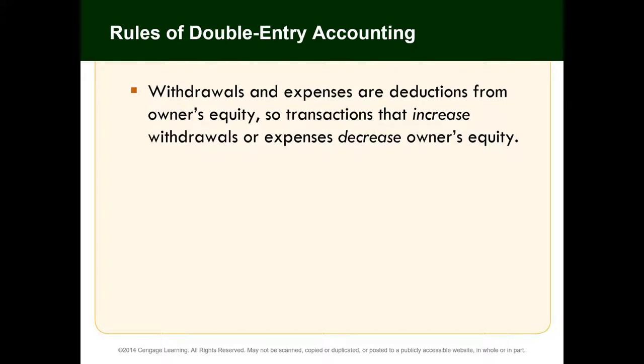Remember what the double entry says? Every transaction has two sides: at least one debit, and then one credit, or one debit and two credits. In this case, the two sides are the supplies and the cash. One is debit, the supplies. One is a credit, which is the cash.